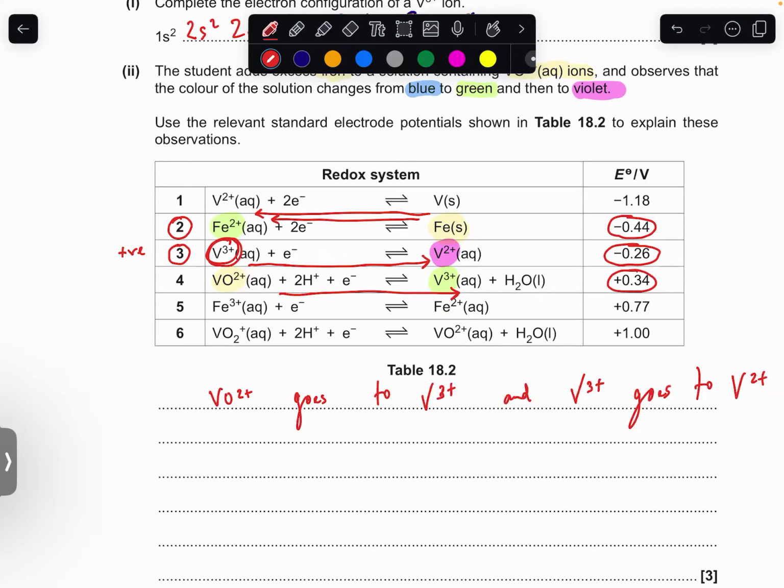Why does it do that? Because redox system 4 is more positive than redox system 2.